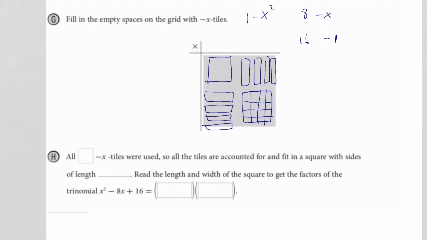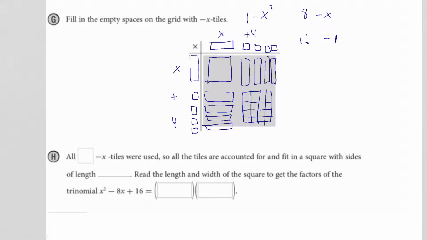And this is going to be an x, a unit, a unit, a unit, a unit, x, a unit, unit, unit, unit. And that translates to x plus 4 times x plus 4.